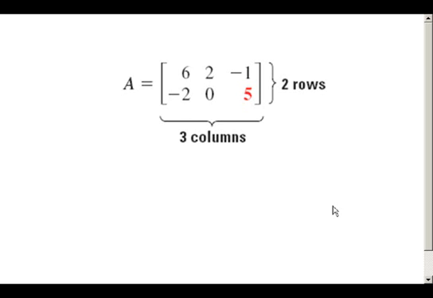The name of the matrix is there. Dimensions are 2 by 3. So it's a 2 by 3 matrix. Each one of the things inside is an entry. So this is entry 1, 1, first row, first column. That's the 6, and so on from there.